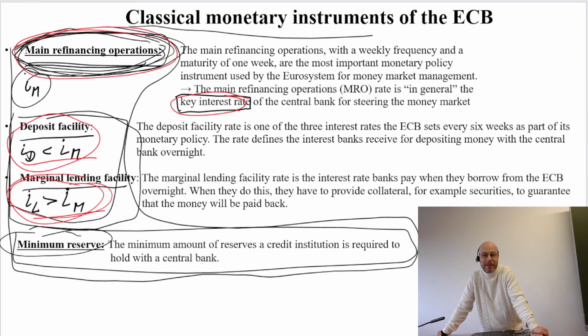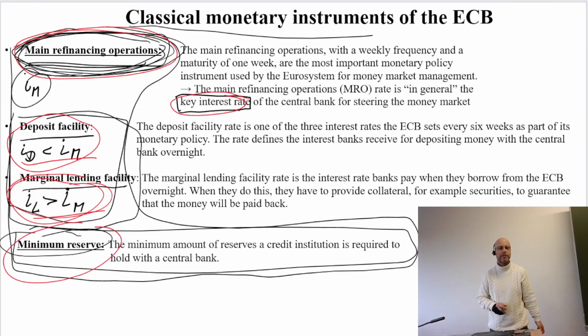But also in the last years, because the private banks didn't trust each other in general, we saw relevant amounts of money in this marginal lending facility. And the last classical monetary instrument, of course, we talked about this already, is the minimum reserve.